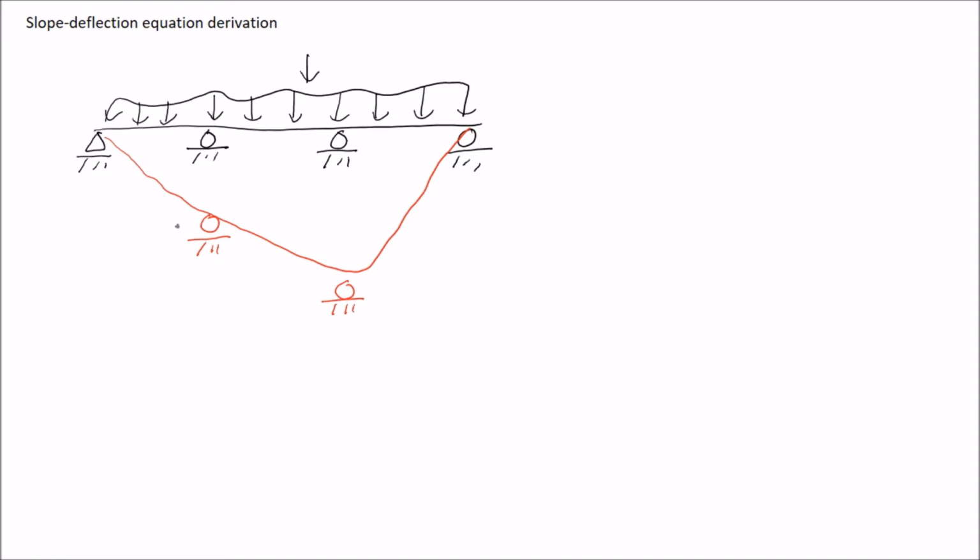Okay, so I can call this my relative displacement. And then let's call this point as point A and the other point as point B. Okay, so if I look at only span AB, this point A and point B will have relative displacement.